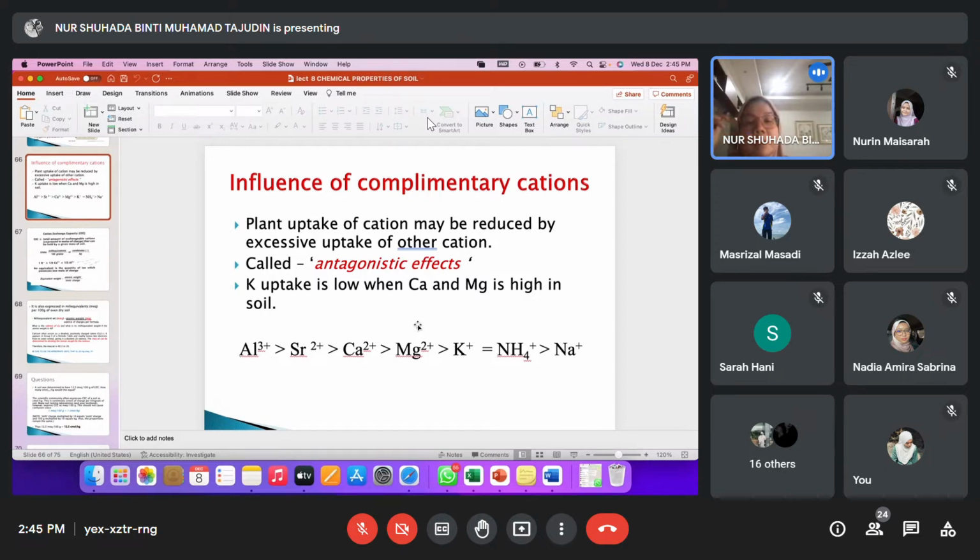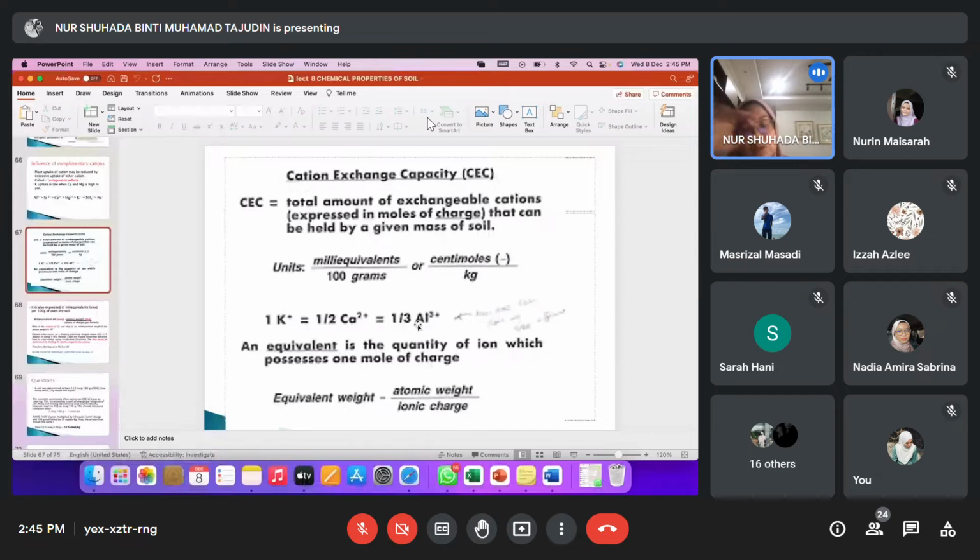You just remember that milli equivalents over 100 grams are equal, meaning that if your soil has 5 MEQ per 100 grams of soil, it is equivalent to 5 centimoles C per kg.